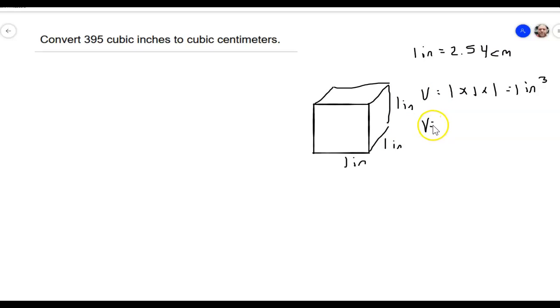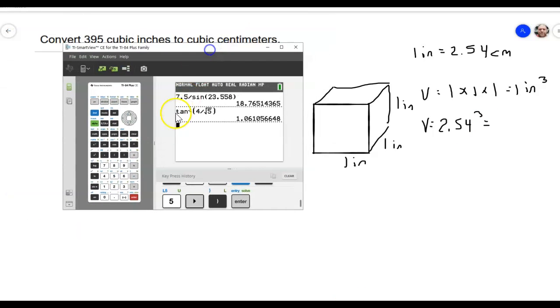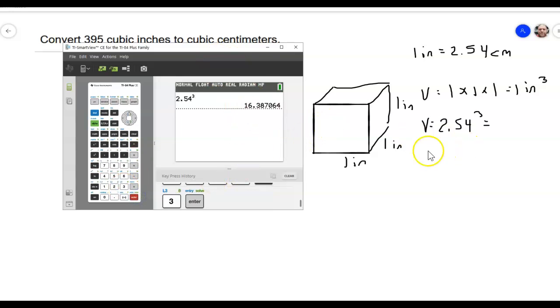So this now becomes 2.54 times 2.54 times 2.54, or 2.54 cubed. That's the same thing as 2.54 times itself 3 times, which is going to be equal to, if you pull out your calculator and type 2.54 cubed, you're going to get 16.387.